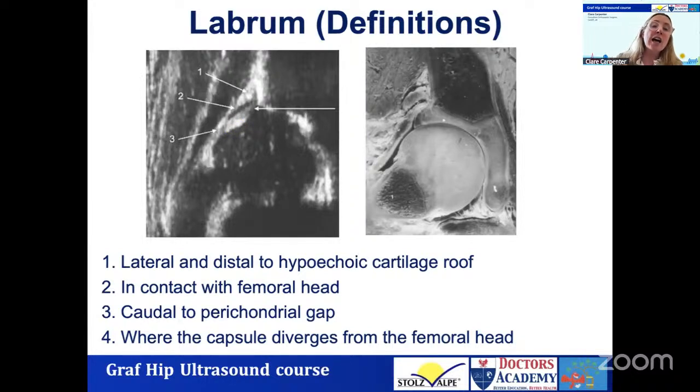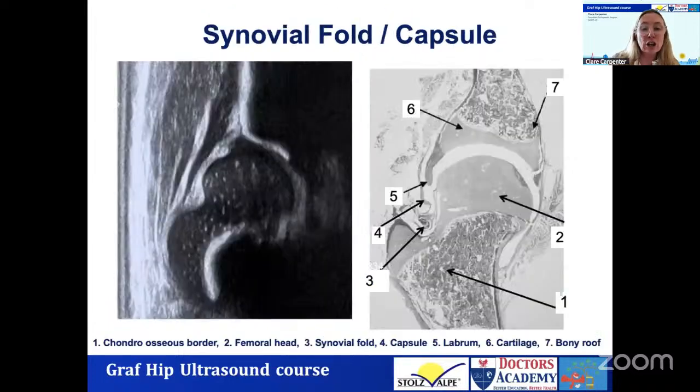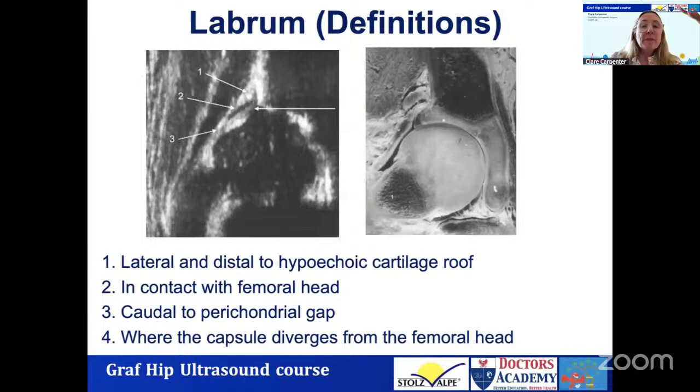And there are a number of definitions for where the labrum is. It is lateral, so it's further lateral. And remember, the baby is sitting on its side. So the lateral is, as you're looking at it, to the left-hand side. It's lateral, and it sits below the hypoechoic cartilaginous roof.